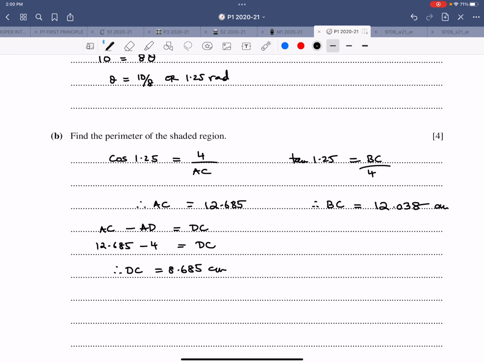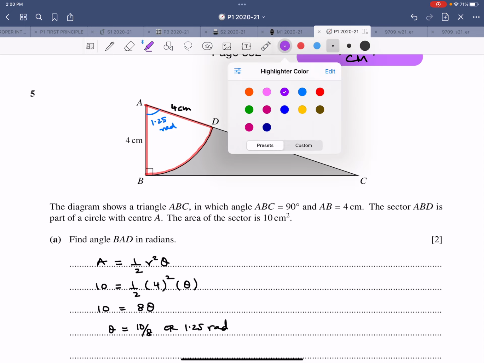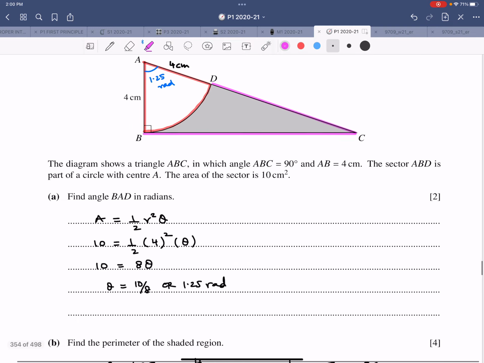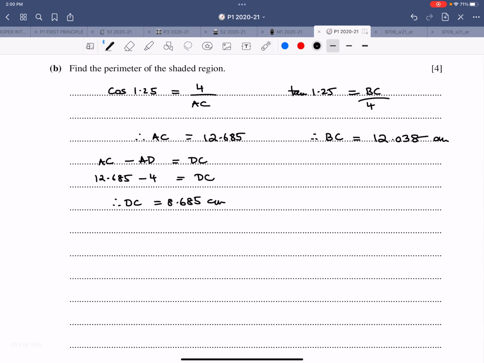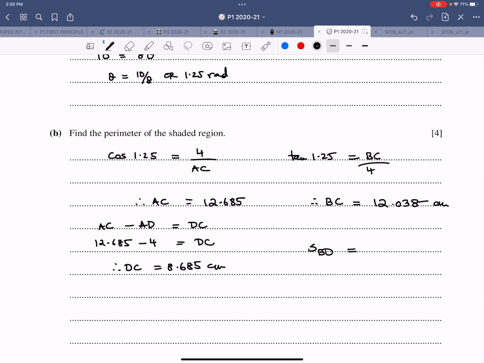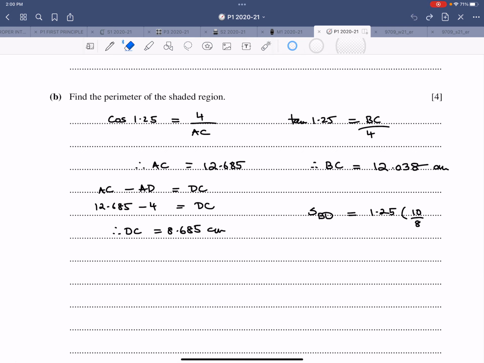Now what is in the perimeter? The perimeter is basically this region plus this region plus the arc length. So you also need the arc length BD, that is S equals r theta. R is 4 and theta is 10 over 8, so multiply it by 4.